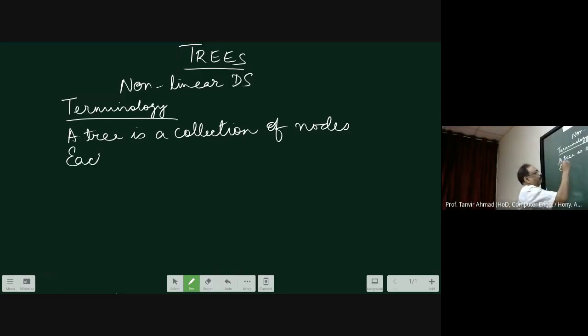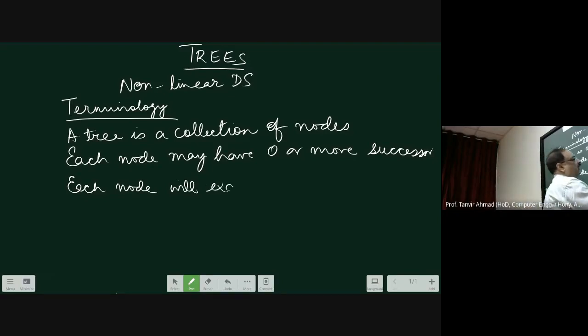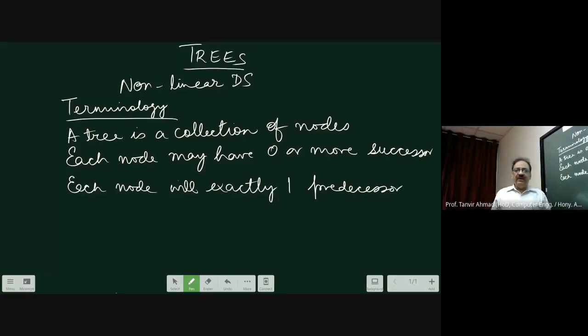Each node may have 0 or more successors, and each node will have exactly one predecessor, except the root.